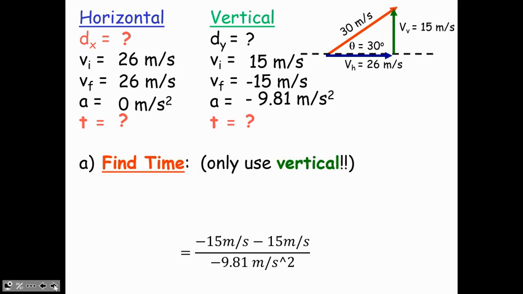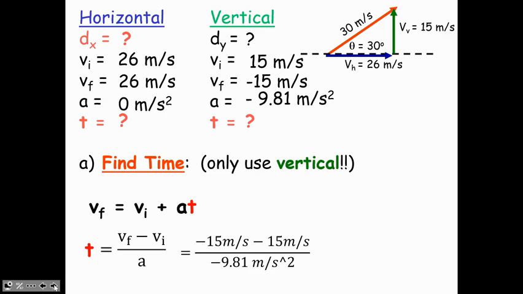So to find time, we're going to use that vertical table of values. I'm going to choose to use this equation, vf equals vi plus at. If I rearrange it slightly to solve for time, time will be equal to final minus initial velocity divided by acceleration.